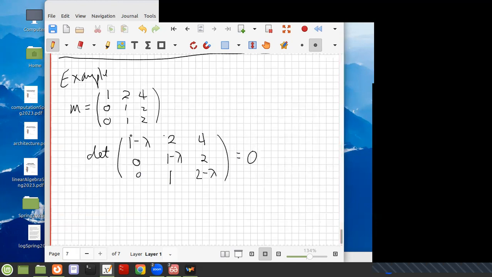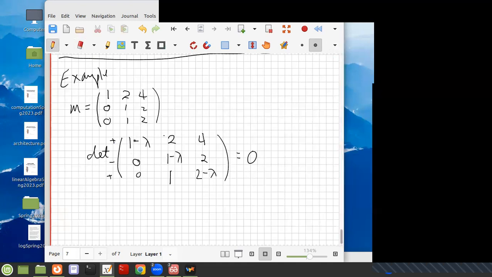So to do the determinant, one way is to use the special rule where you mark plus, minus, plus. We could do that, but let's instead expand along the first column. So we write our plus, minus, plus down here.